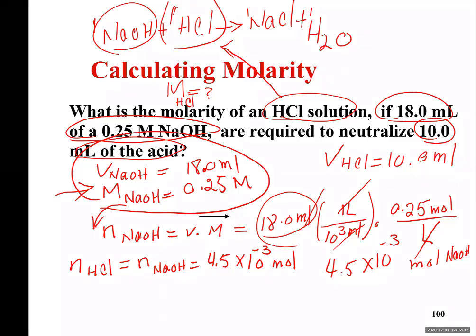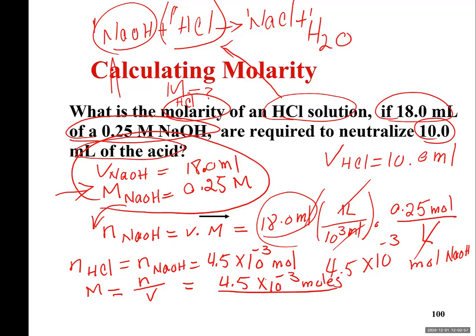We want to calculate molarity. Guys, how do I calculate molarity? Number of moles divided by volume, right? What is the number of moles? 4.5 times 10 to minus 3 moles. What is the volume of HCl? 10 mL. And can I say, if I divide this by 1,000, I get 10 to minus 3 liter per mL.